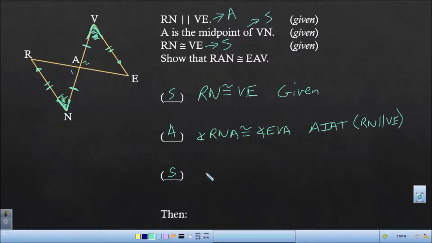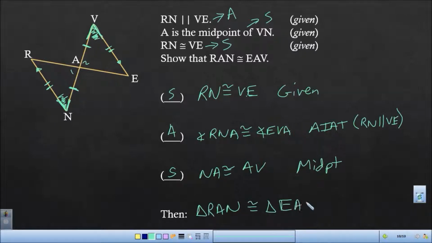And then we have NA is congruent to AV by midpoint theorem, which means that triangle RAN is congruent to triangle EAV. Okay, so another side angle side proof.